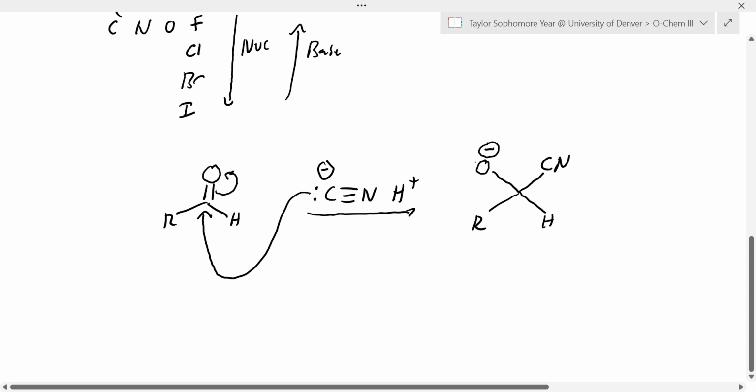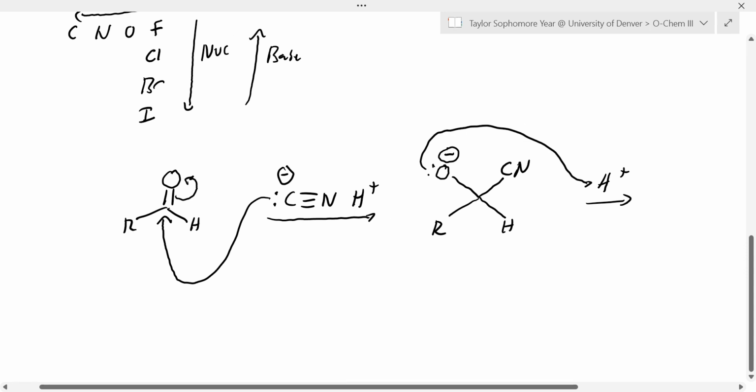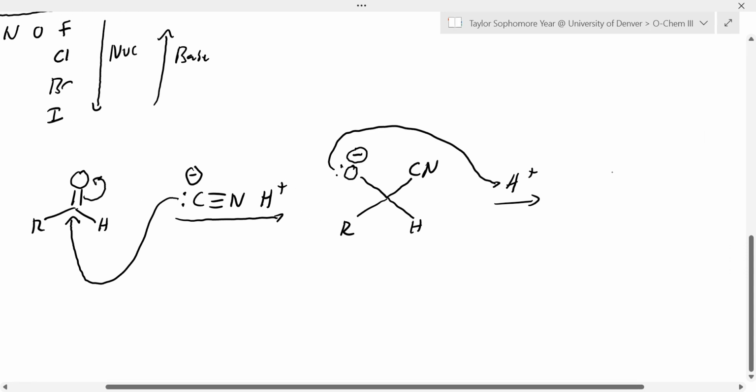Because this oxygen is still electrophilic, it's going to want to take a proton. We can use the hydrogen atom here, and this oxygen can pick up the hydrogen, giving a final product of CN, R, H, and OH here.